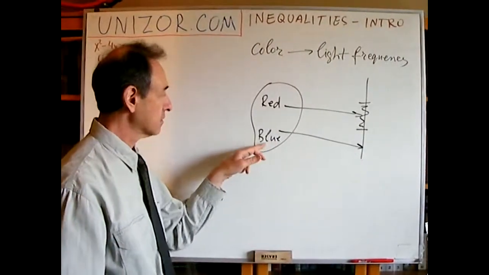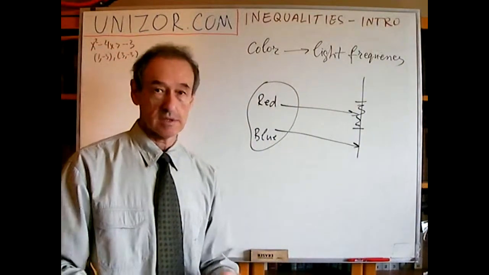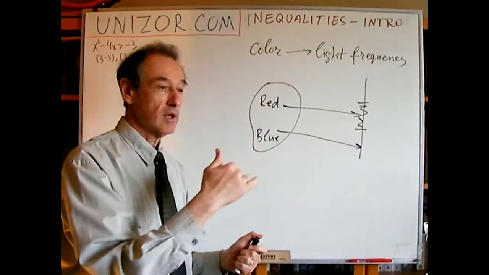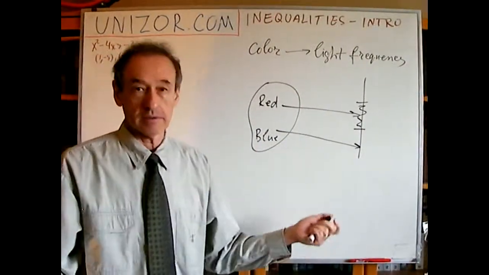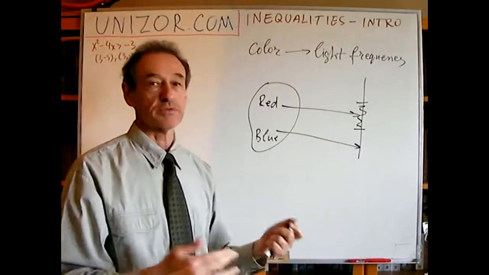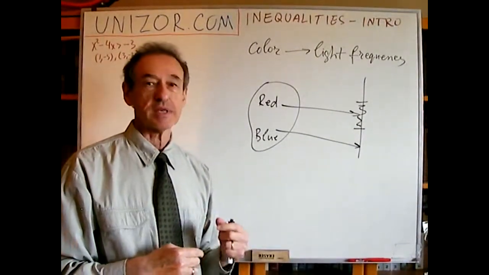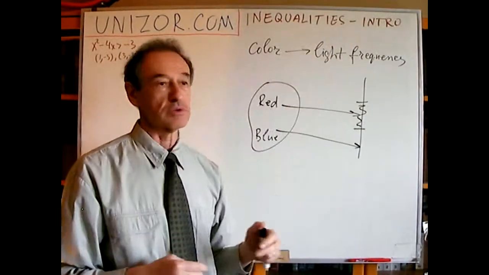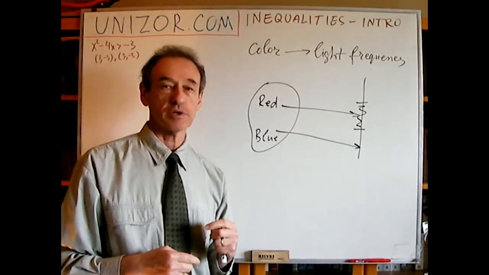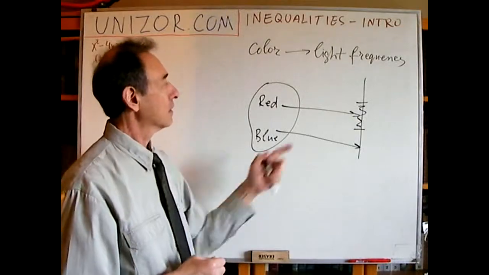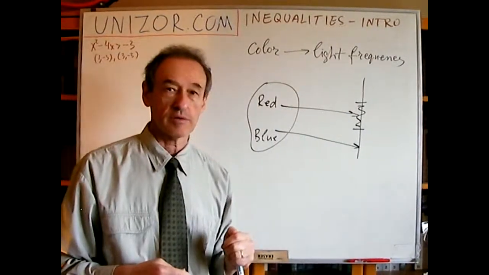And this color, blue for instance, is not a solution. So I can basically, from maybe a finite, if you wish, set of different colors, always pick a subset which would correspond to an inequality which I have basically conditioned on the frequency of this light.